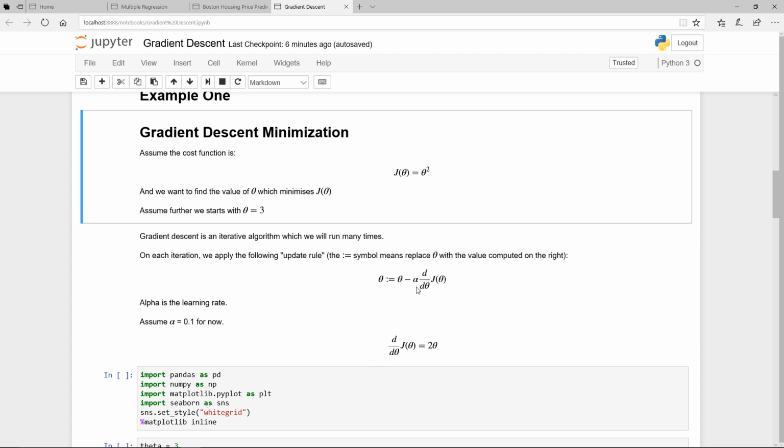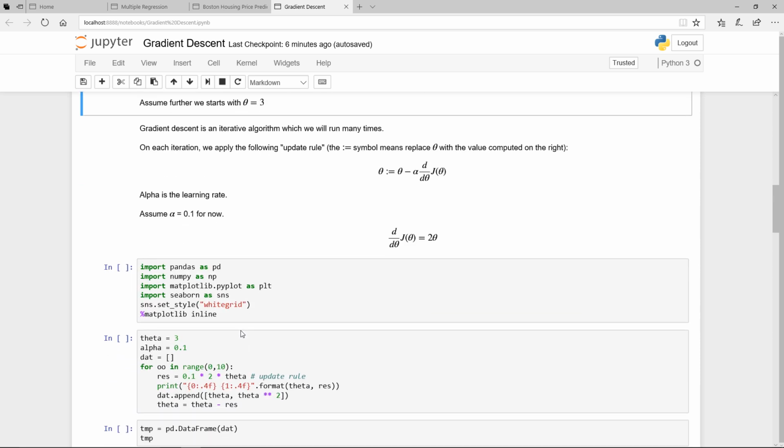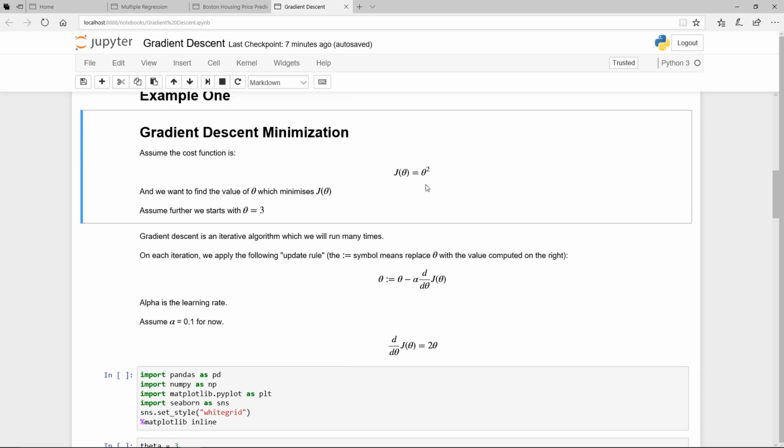So it's theta minus alpha, I'll come to what alpha is in a minute, multiplied by the derivative of the cost function. Alpha is actually the learning rate. For now, we're just going to assume 0.1. The derivative of the cost function in our case here is 2 theta, because it's theta squared, so you bring the 2 down and reduce the power by 1, hence you get 2 theta.